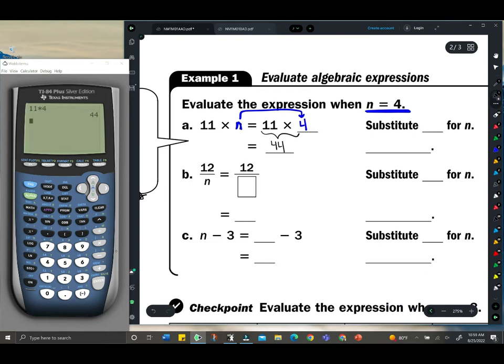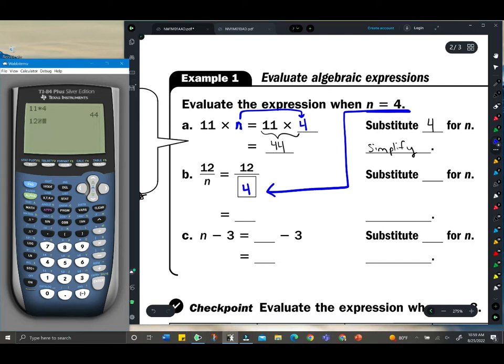We substitute 4 for n, and then simplify. When you simplify, that means to do the operation. 12 over n. Again, we're substituting 4 in for n. 12 divided by 4 is simply 3.